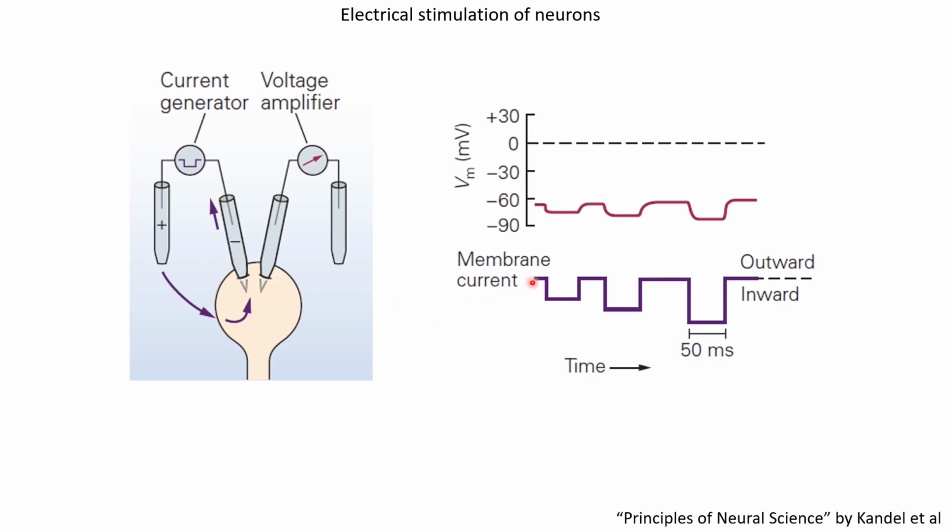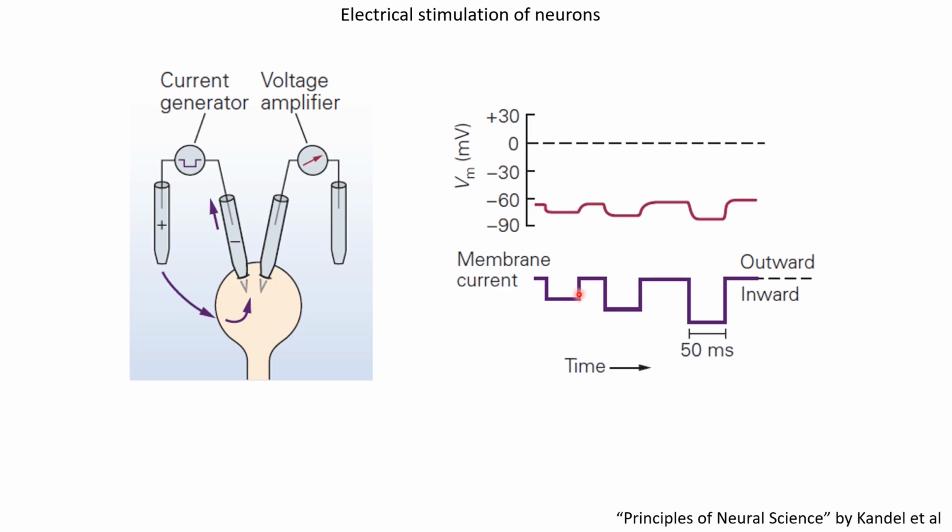At t equal to 0, the starting time point, there is no current, and the reading on the oscilloscope is around minus 65 millivolts, which is the resting membrane potential. Now at a certain time point, we start applying negative current. We apply a pulse of negative current from this time point to this time point. And as you can expect, the membrane potential becomes even more negative at that time.